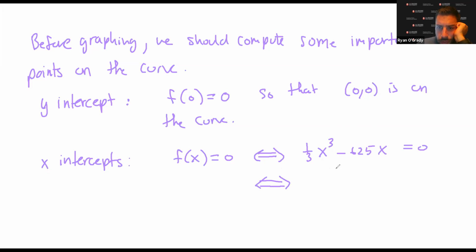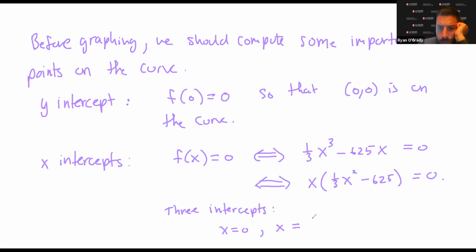Factor out an x and you're left with 1/3 x squared minus 625 equals 0. So you get 3 of these. You get x equals 0.